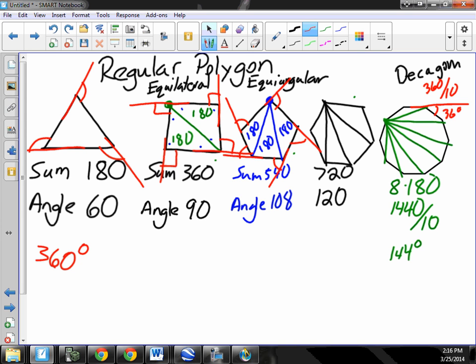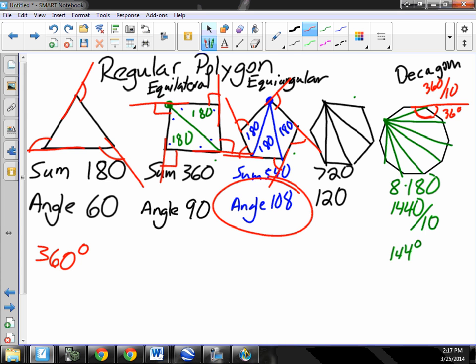Well, if the exterior angle is 36, how do we find the interior angle? 180 minus 36 will give us this angle as 144. So on the worksheet today, you need to be able to calculate the size of an interior angle. Okay? So let's focus on the pentagon. The interior angle of a pentagon is 108.